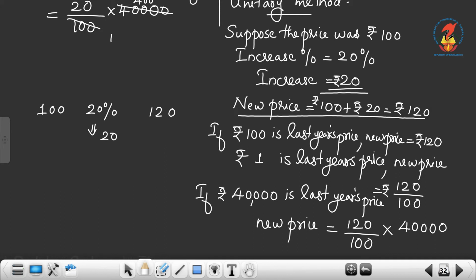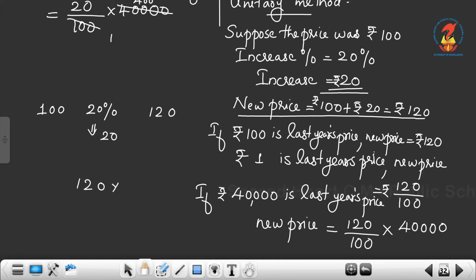So, if rupees 1 is the last year's price, then the new price will be 120 by 100. So if rupees 40,000 is last year's price, the new price will be 120 divided by 100 into 40,000.